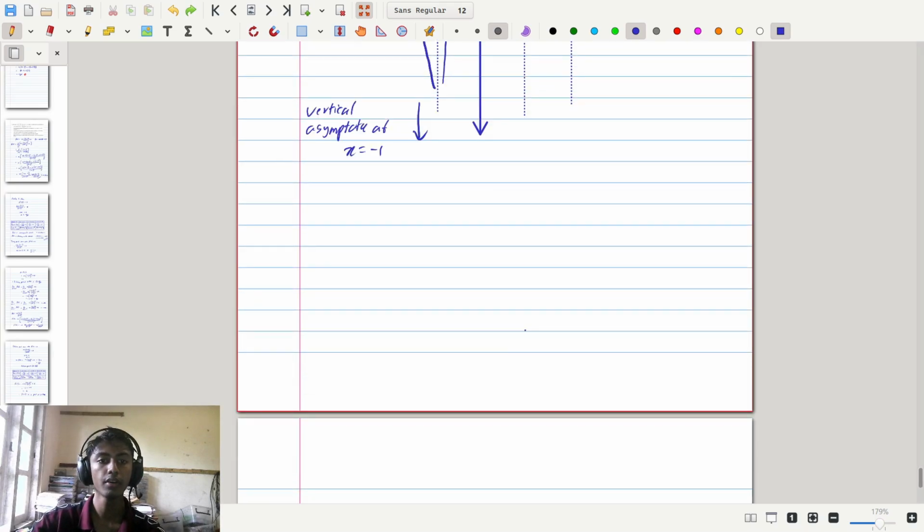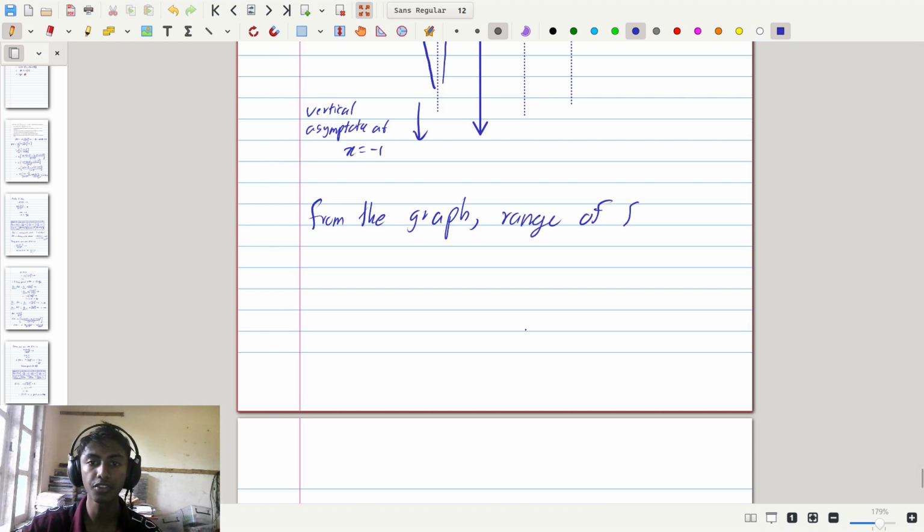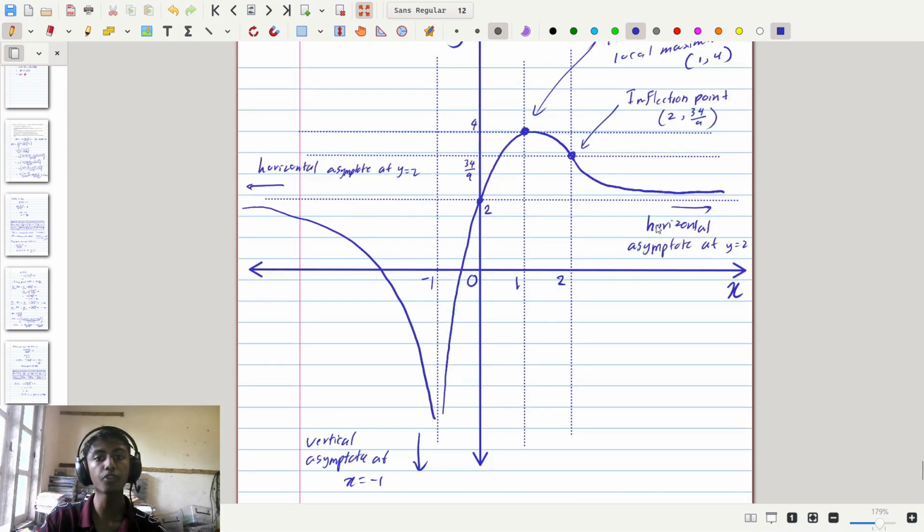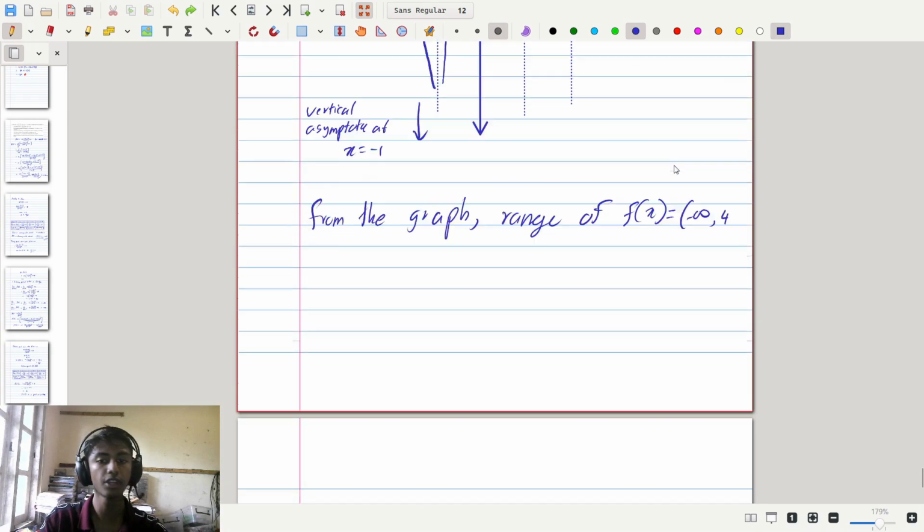So we can say from the graph, the range of f(x) is in between negative infinity and the highest value of positive 4, which is inclusive because the actual point at (1, 4) exists. So we can say negative infinity up to 4 inclusive.